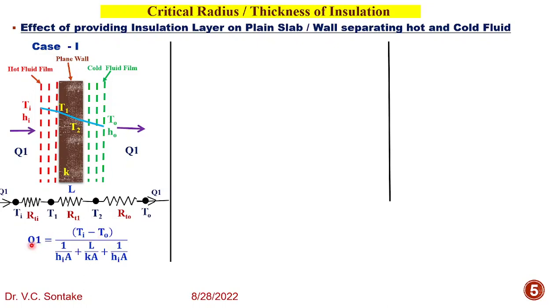And the total rate of heat transfer Q1 for case 1, in terms of hot fluid and cold fluid temperatures Ti and To, can be given by the formula Ti minus To over 1 upon HiA plus L by KA plus 1 over HoA, where A is the area normal to heat transfer and currently it is not visible from this direction.